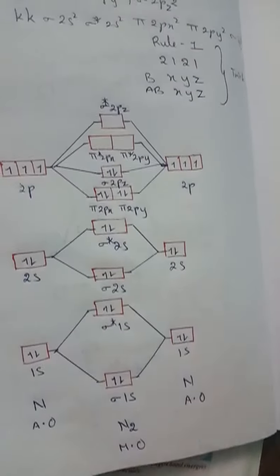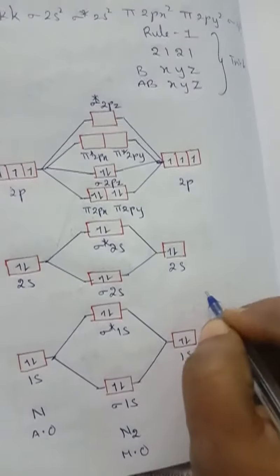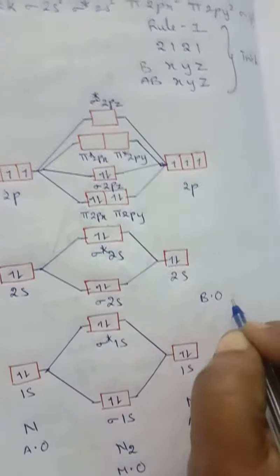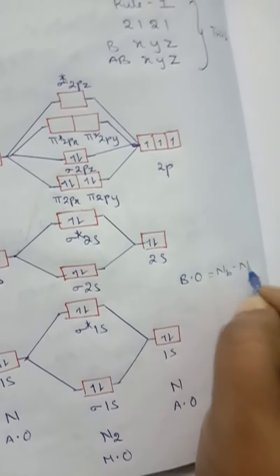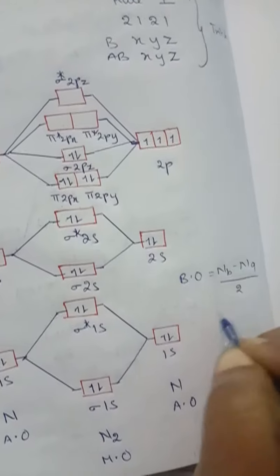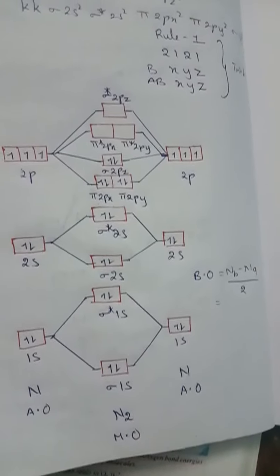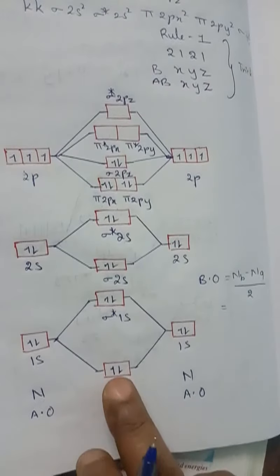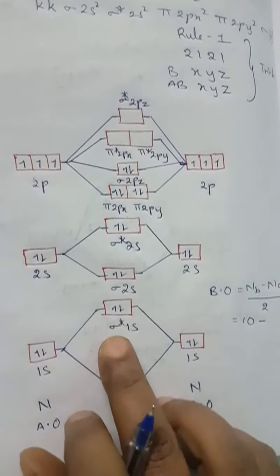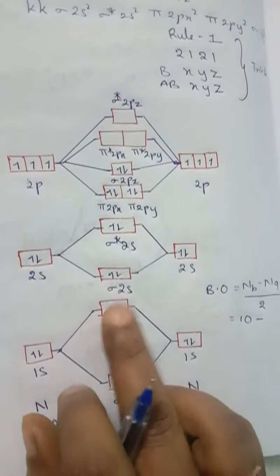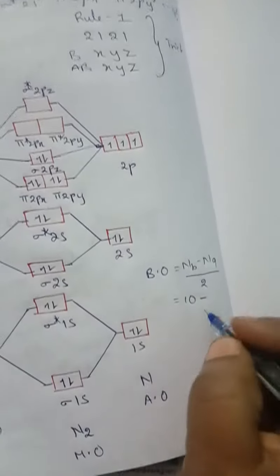Now we have to calculate the bond order. What is the bond order formula, children? Nb minus Na by 2. Number of bonding electrons: how many electrons are present? Bonding: 1 2 3 4 5 6 7 8 9 10. So 10 bonding electrons are present, and anti-bonding, that means star mark, 1 2 3 4.